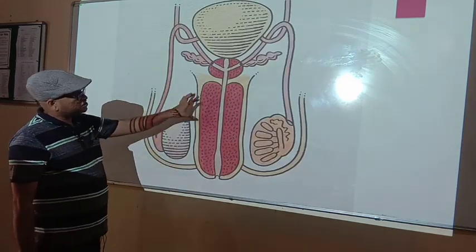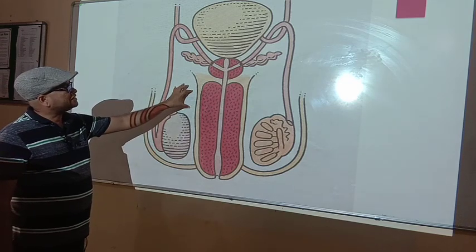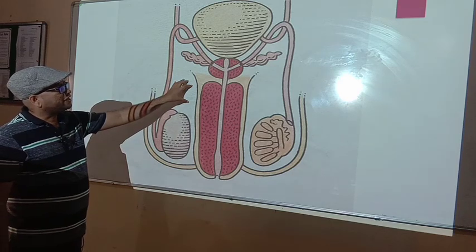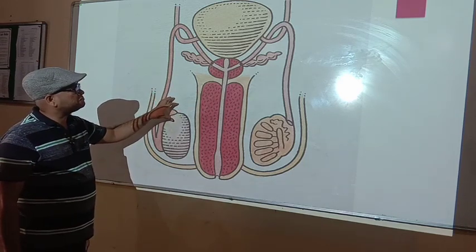But this is the schematic diagram of the male reproductive system. With the help of this schematic diagram, we discuss the different parts of the male reproductive system.